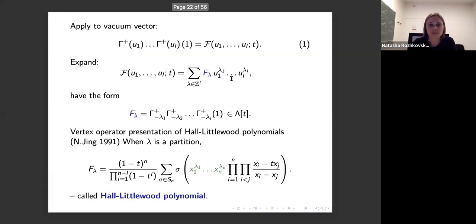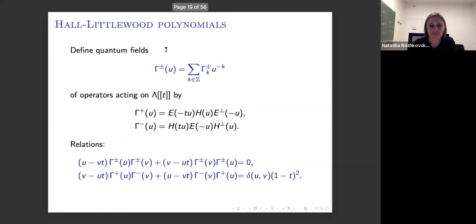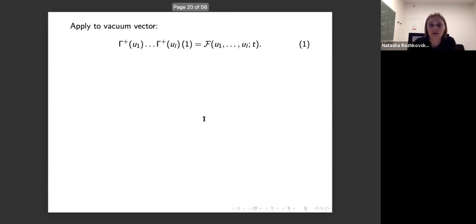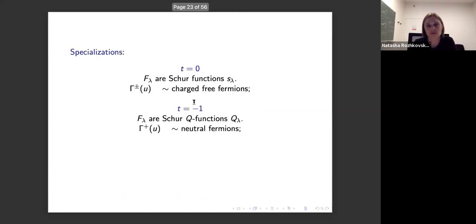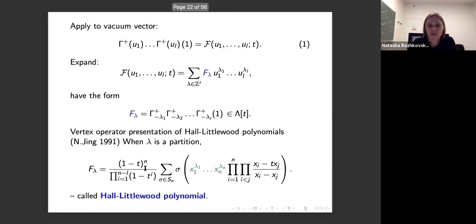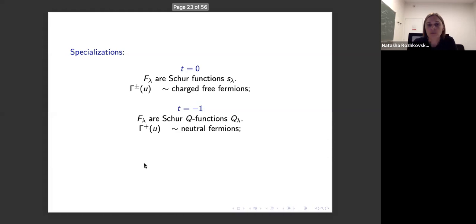And these gammas, which we used here, these ones, where are they? These ones. So they will become fermions, charged free fermions. And if we insert t equal -1 in this formula, we will get a formula which is the definition of Schur Q functions, Pfaffian kind of symmetric functions.